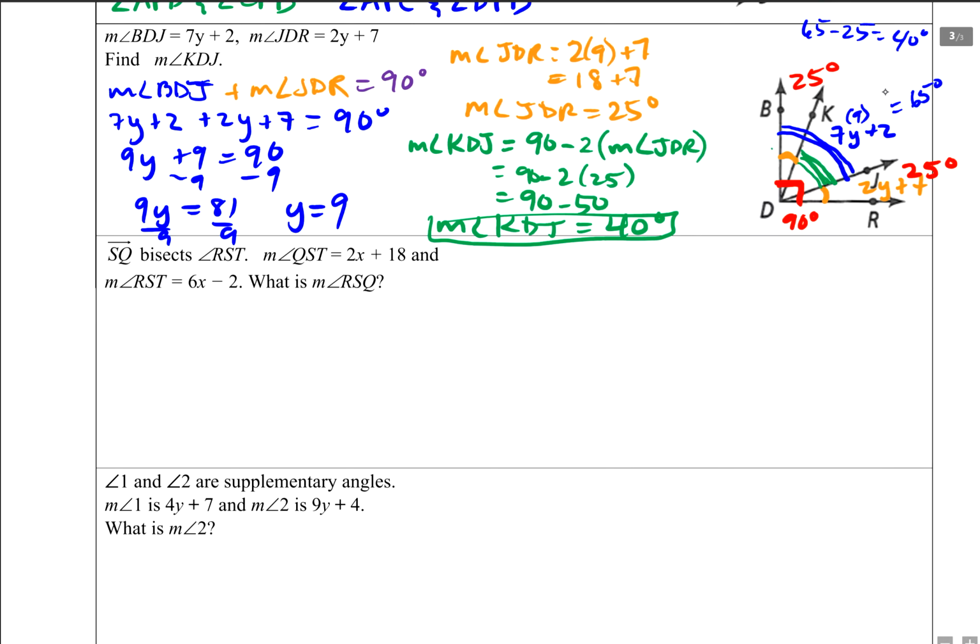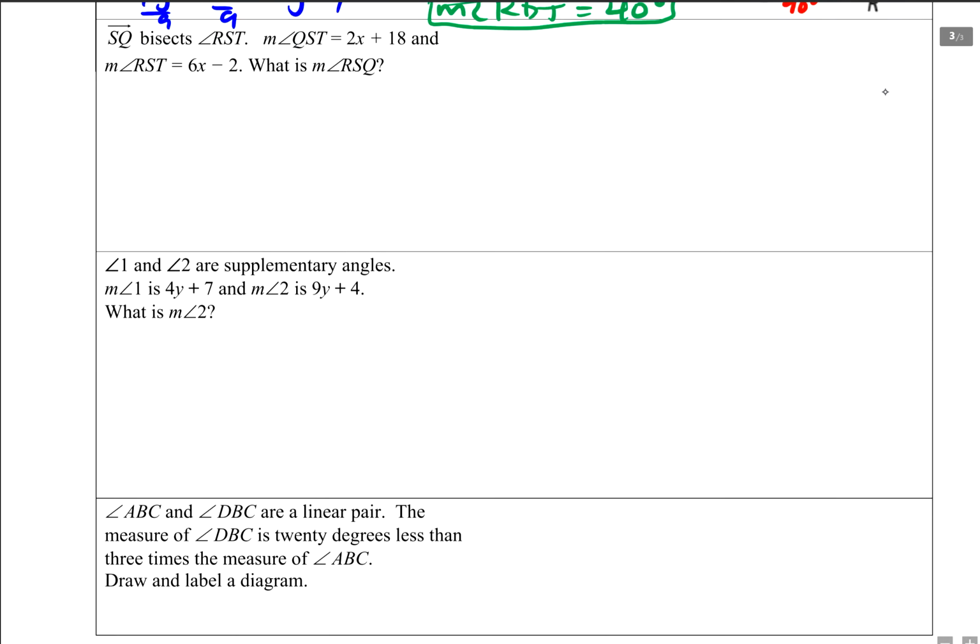All right. Ooh, another problem to draw. Ray SQ bisects angle RST. Bisects. What do I do with bisects? Two congruent. So I start with the second half, who is being affected. And again, I like to draw my angles big enough to deal with and label.